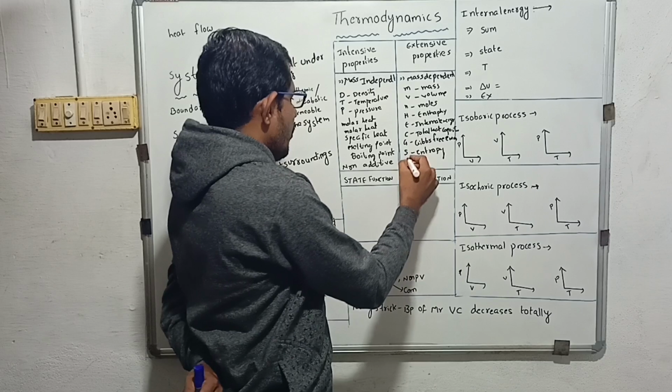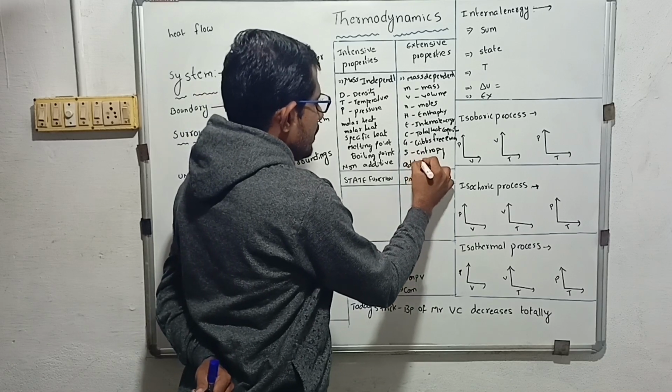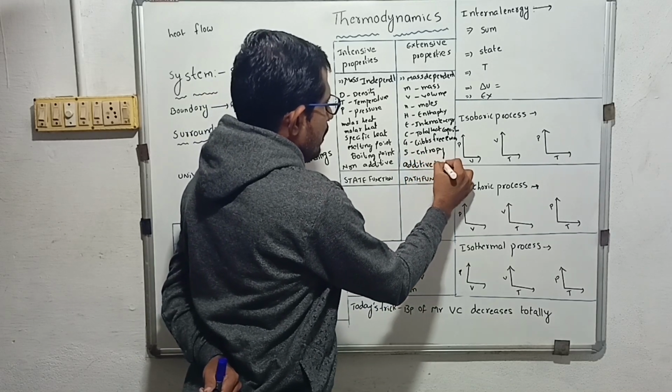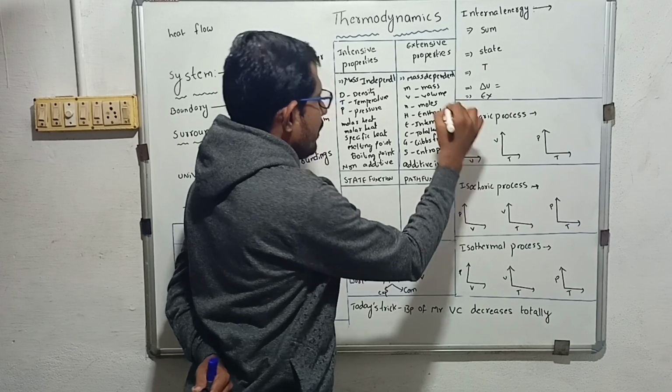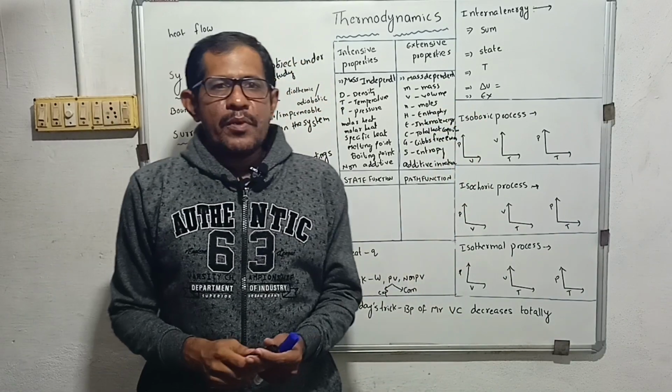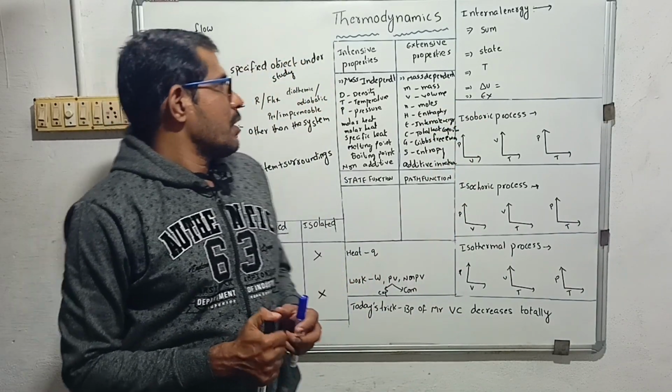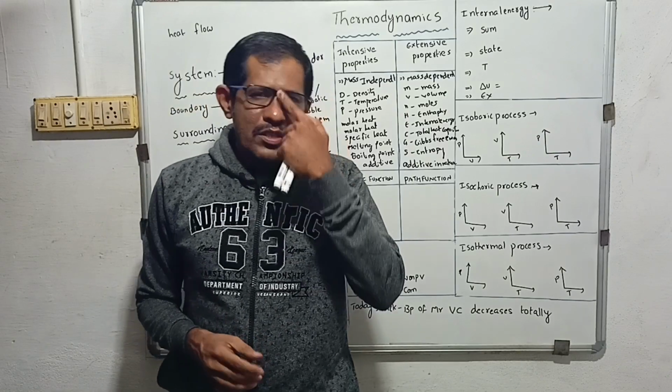So these are the extensive properties. These are additive in nature. Okay. So intensive properties are mass independent properties. Extensive properties are mass dependent properties.